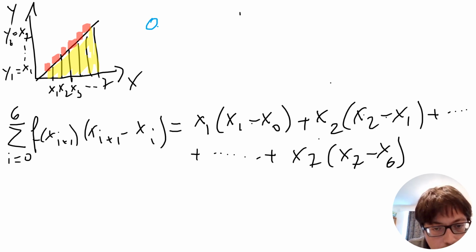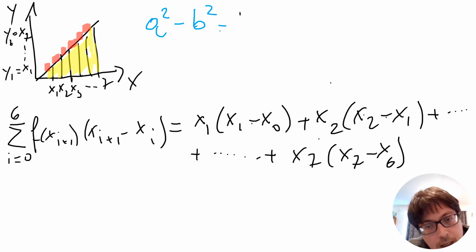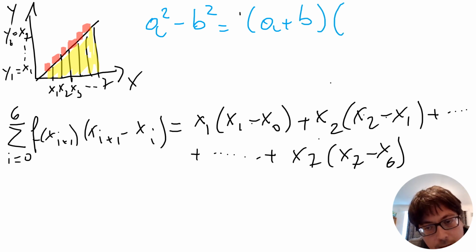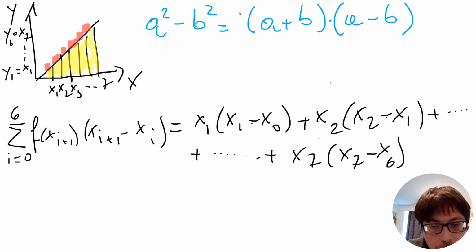If you remember, you can write the square of two numbers, this is a very useful formula, as the product of the sum of the two numbers with the difference of these two numbers. This can be easily checked, because if we explicitly do all the products, which are 4 terms here, a times a is a square, b times minus b is minus b square, so we are halfway there.